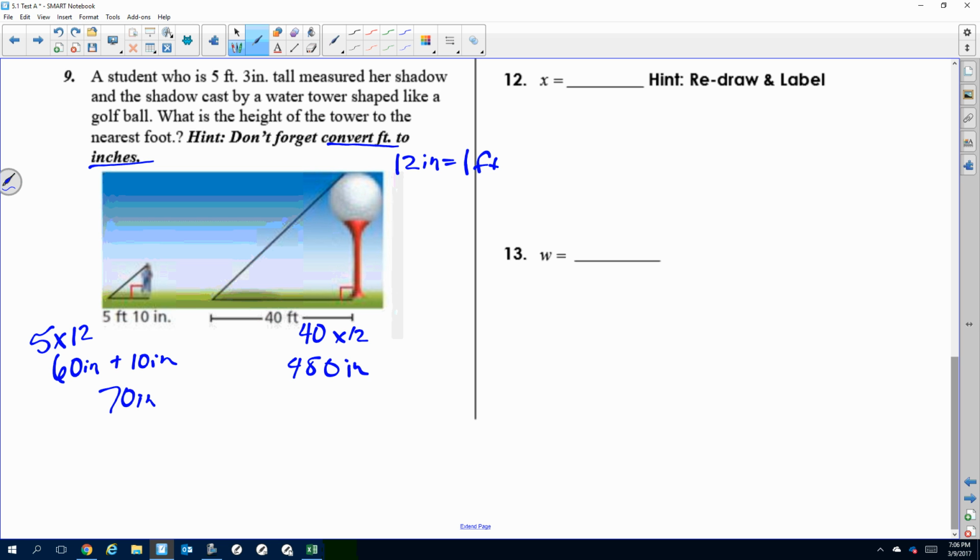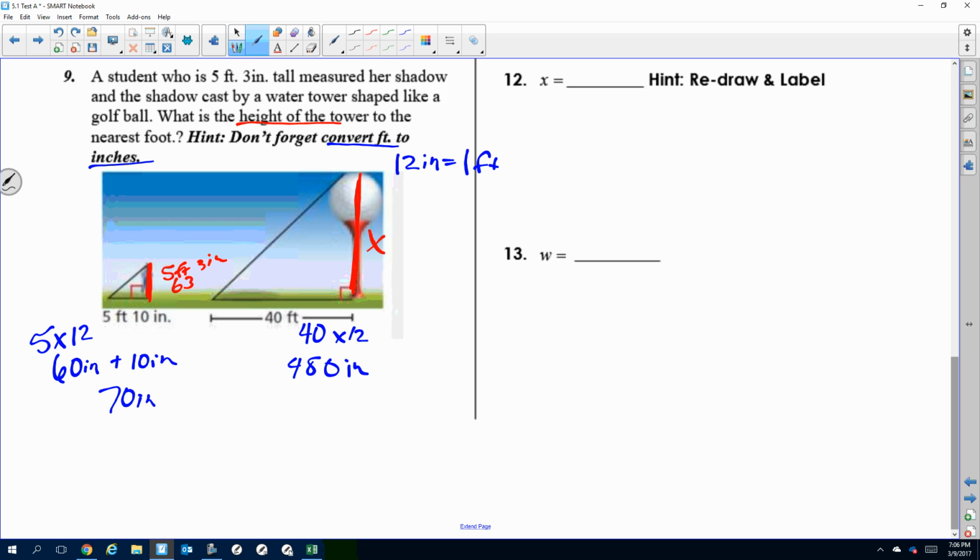And then they want us, what is the height of the tower? The height of the tower is here. This vertical side matches up with this side. That is the height of the person. That person was 5 feet 3 inches. So now we're going to change that to inches. Well, we already know 5 feet was 60, so this is 63 inches. So now we are going to set up the proportion.